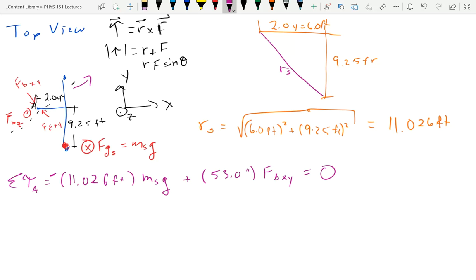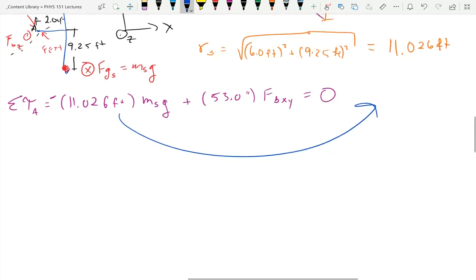We can't forget what we're doing halfway through. We've gone in a lot. We start to get muddled up. We can't forget where we're headed. So I'm looking for the force BXY. So I will add this to both sides of my equation.